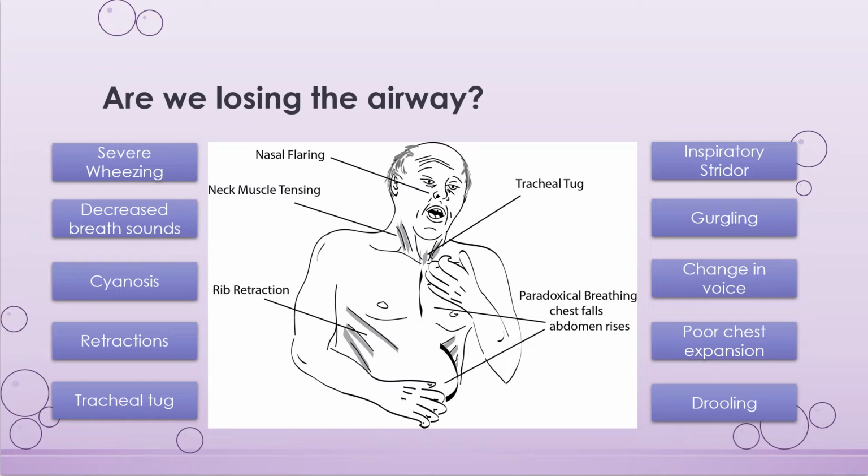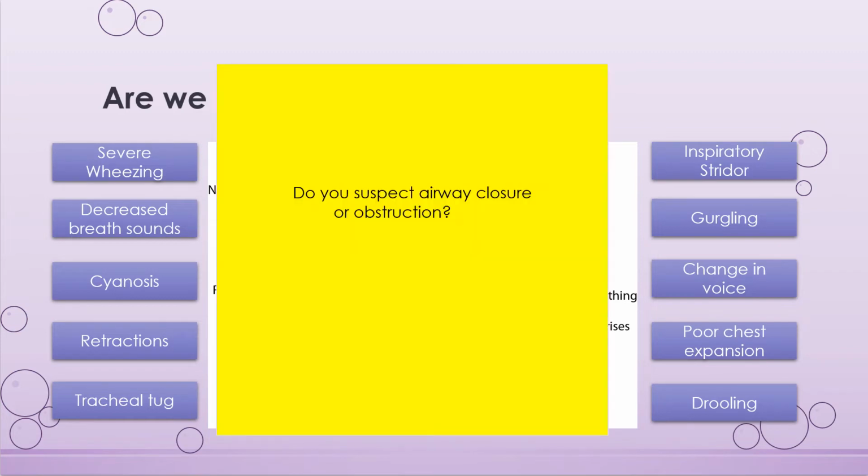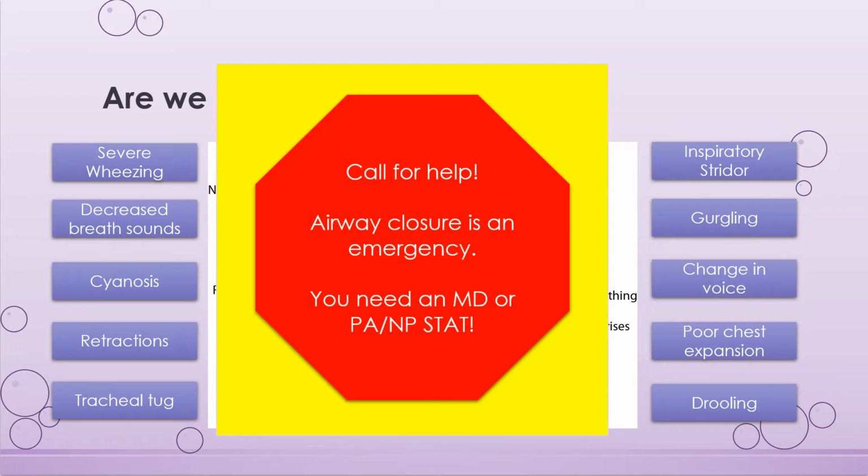Okay, if we think we're losing our airway, if we suspect an airway closure or an obstruction, call for help. Airway closure is an emergency. That's the A in our ABCs. We're not going to leave the patient, but we don't have the ability to put in an advanced airway as an RN.